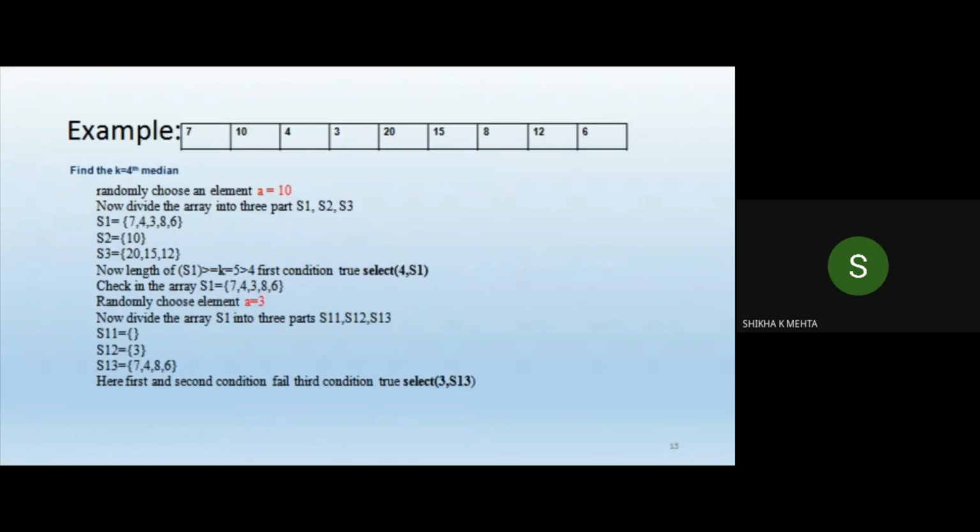No, because in S11 there is nothing, and the value of k is 4, which is greater than that. So this condition is not satisfied. Second, if the length of S11 plus S12 is greater than or equal to k, no, because in S11 we have nothing and in S12 we have only one element. Even if we add, the total is less than k. So the first and second conditions fail.